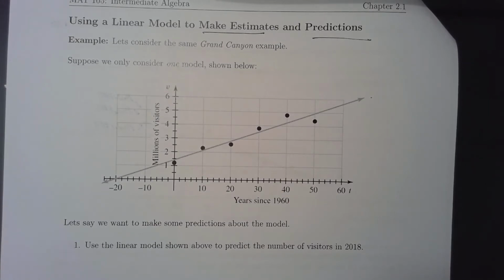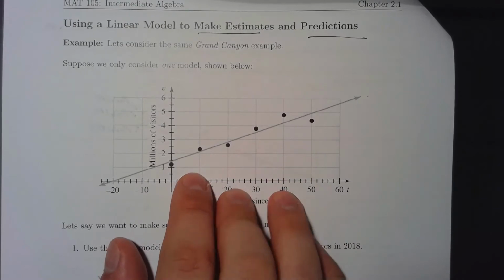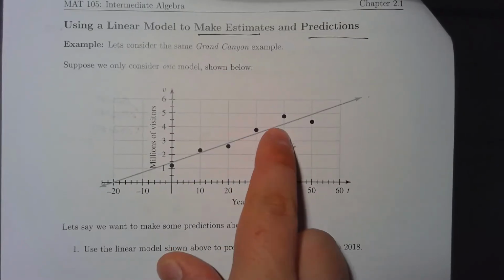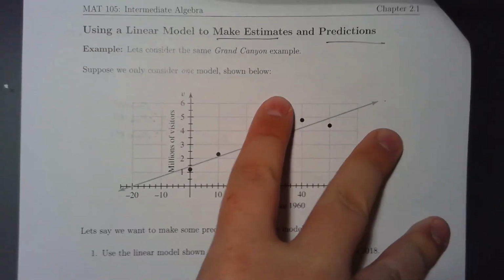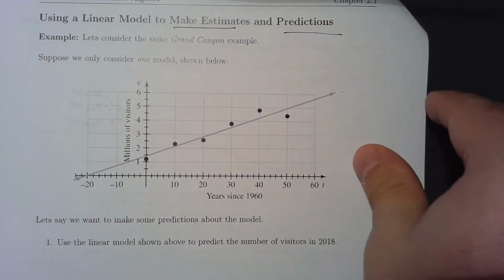Let me give you a different scenario here with like a meteorology example. What if you're making a projection about the weather for next week? You're going to use a current model, and based upon the data in that model, you're going to make a prediction about the weather next week.